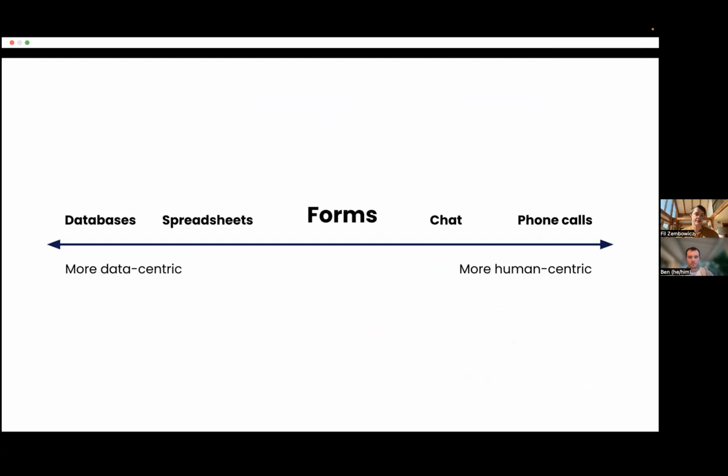So if you think about forms, like I mentioned before, they're this conversational, structured approach to collecting data. And one thing to think about is the spectrum, right? At a certain point, if someone's filling out a form, they are really just filling in a row in a database in most cases. And on the other end of the spectrum would be having a phone call, where there's a lot of just human conversation. Most conversations I'm participating in start with, "How's your day today?